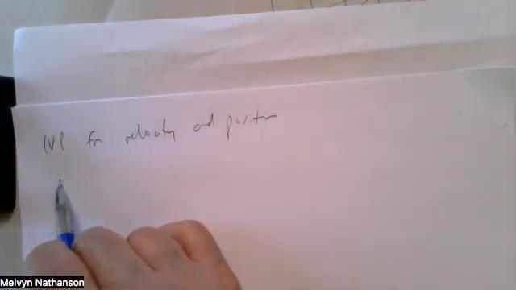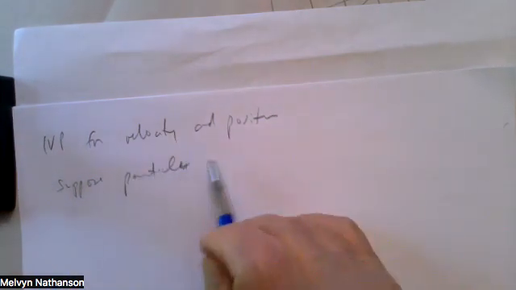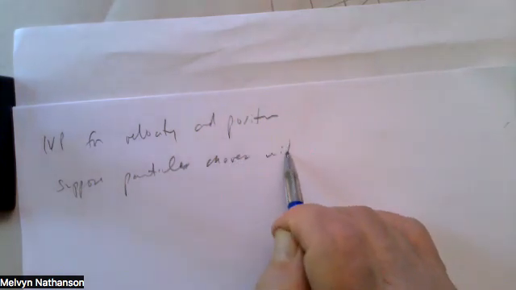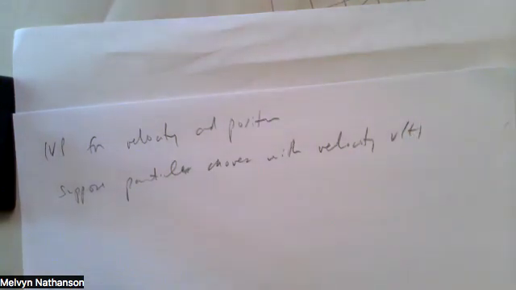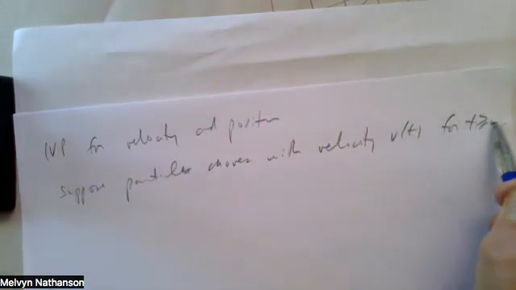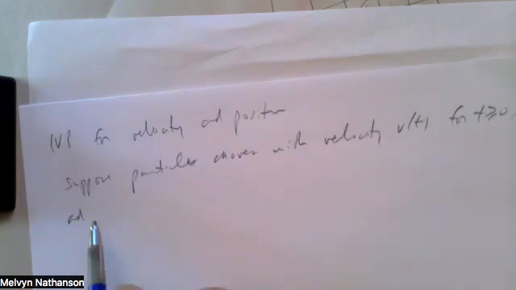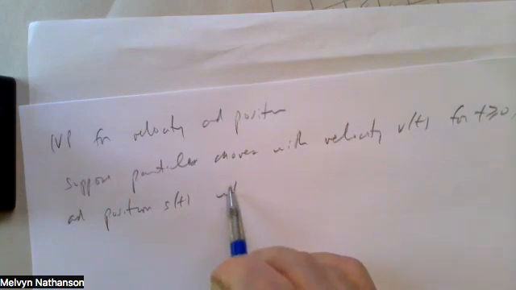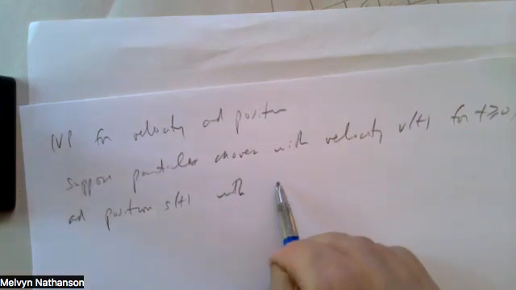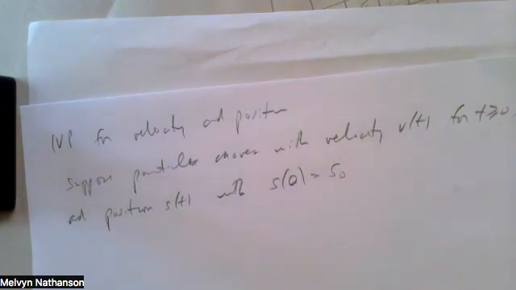Suppose you know the velocity of a particle. Suppose some particle moves with velocity, some function v of t, for t greater than or equal to 0, and its position is the function s of t, and we're told the initial position, the position of the particle at time t equal to 0 is some number s0.